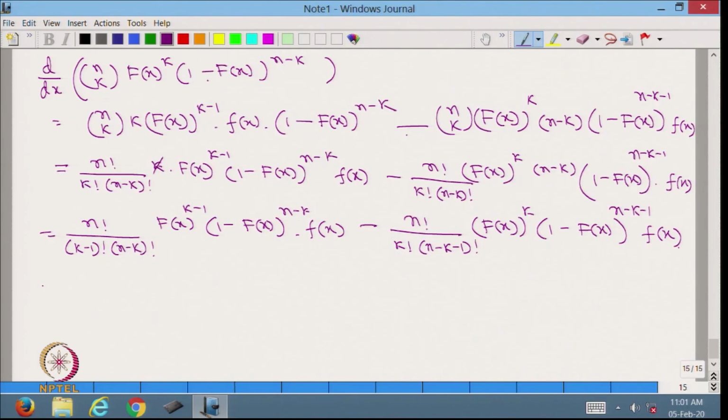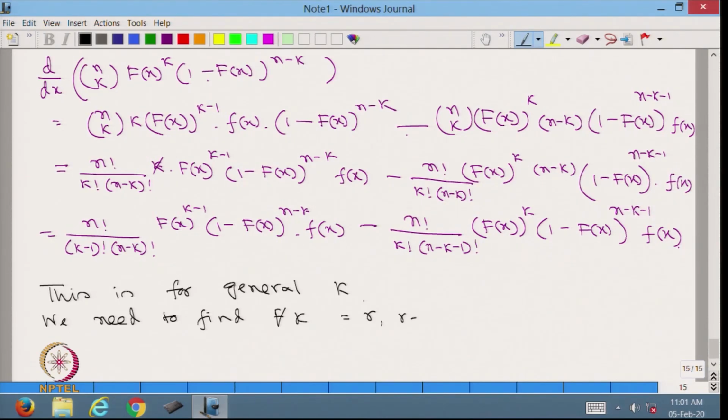This is for general k. We need to find this for all k equal to r, r plus 1 up to n, and add them.